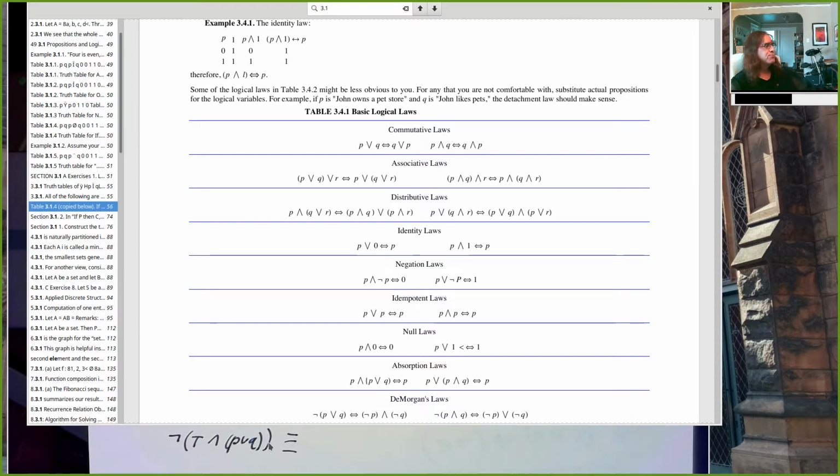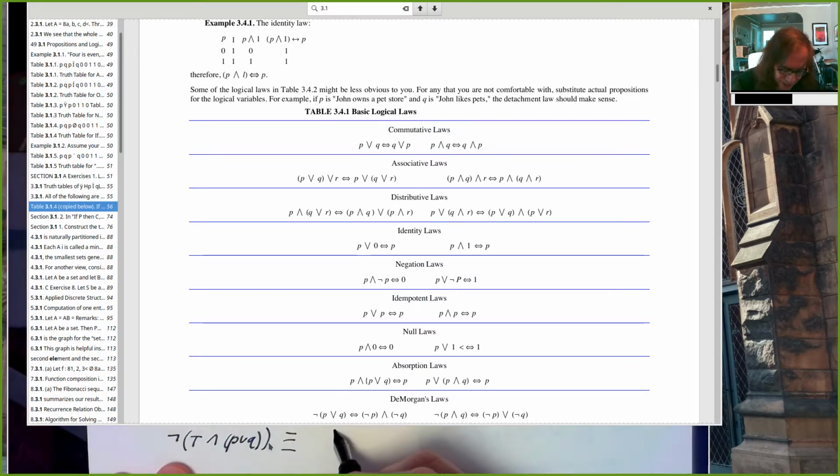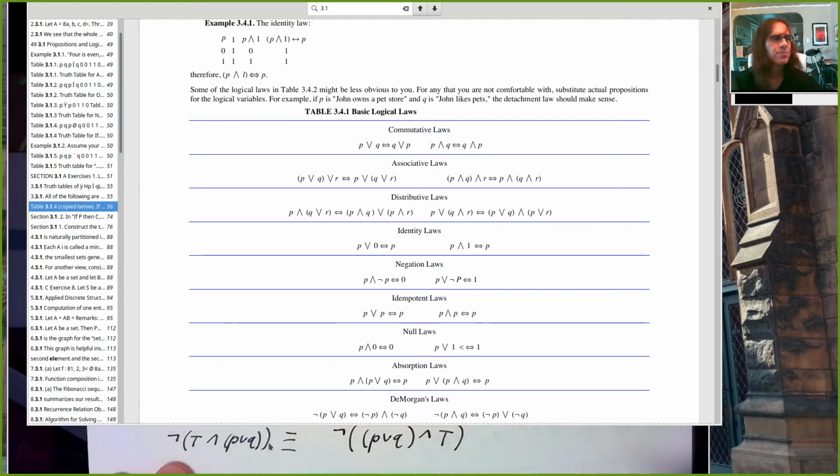We really need one extra step, which is to say that this expression is logically equivalent to p or q ANDed with t. And that's commutativity. Now in practice, I won't require you to do that step, right?